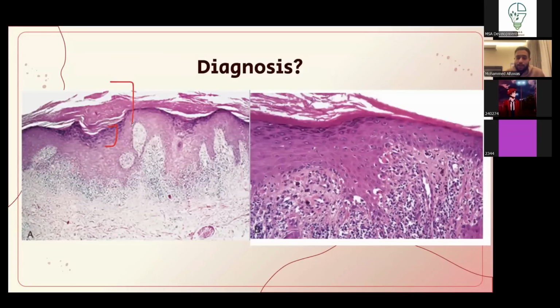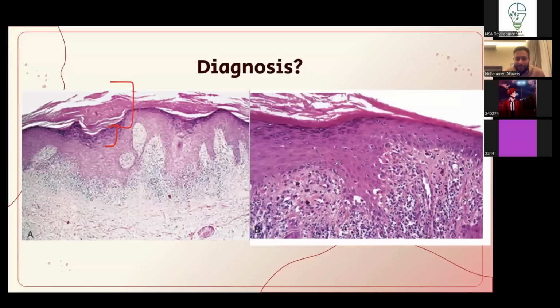What's happening in the stratum corneum? There's hyperkeratosis. Hyperkeratosis, I think it was in your transcript. He mentioned it.